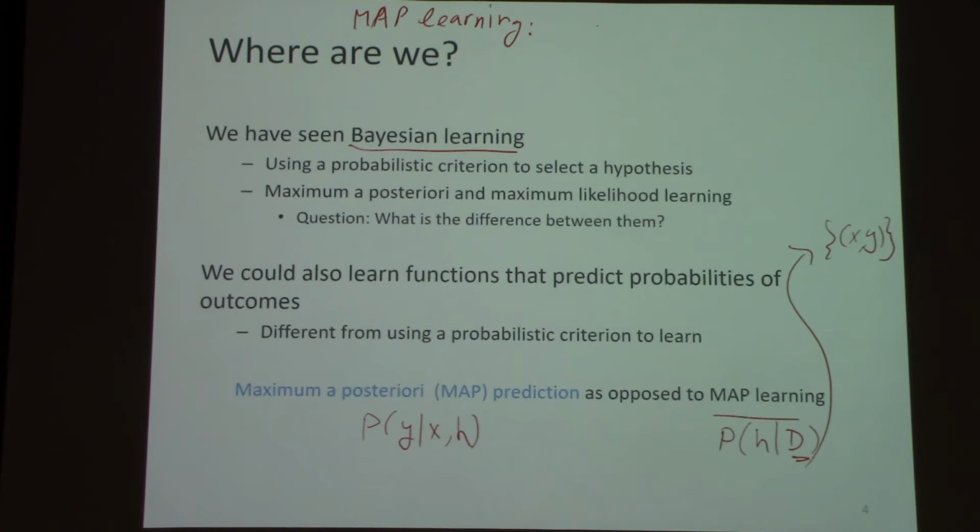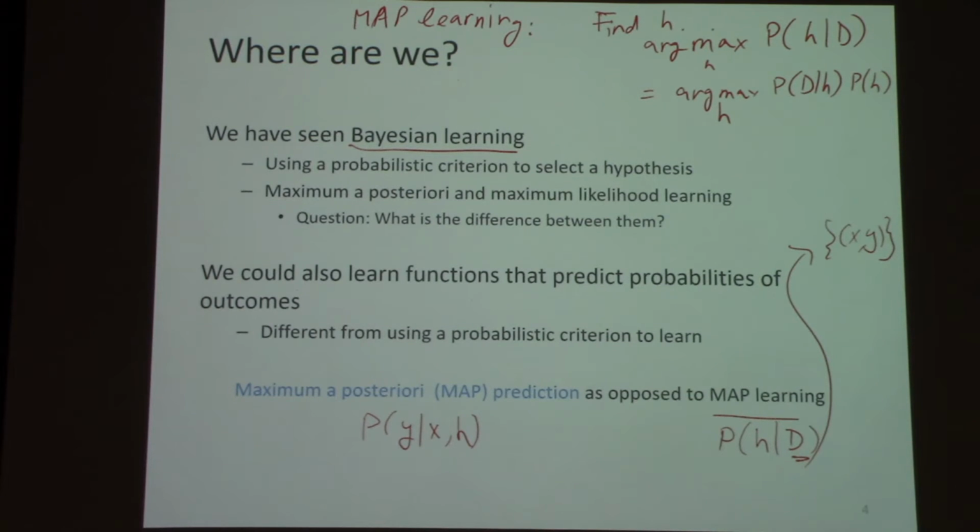It asks to find the best hypothesis such that you maximize the probability of the hypothesis given the data. I'm not going to write the whole thing. Or let's say argmax over hypothesis. But this is exactly the same as argmax over hypothesis of probability of data given the hypothesis times probability of hypothesis. This is by Bayes rule.